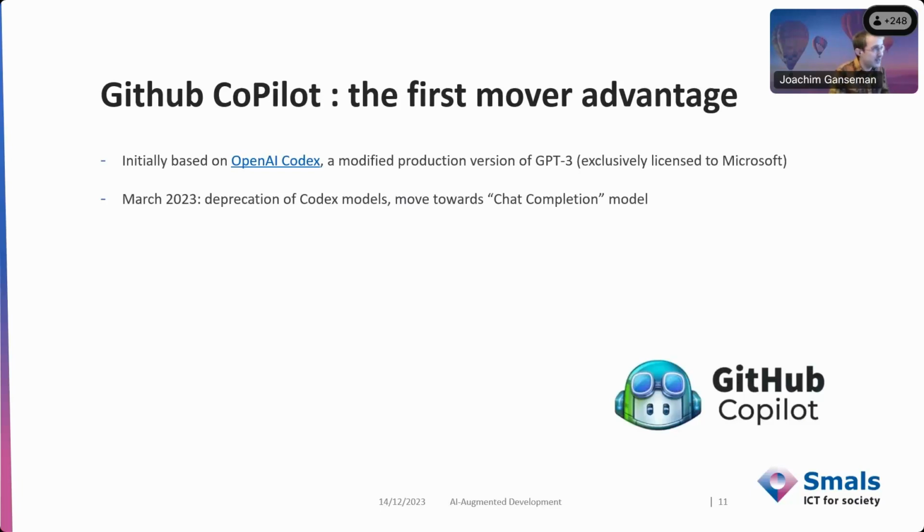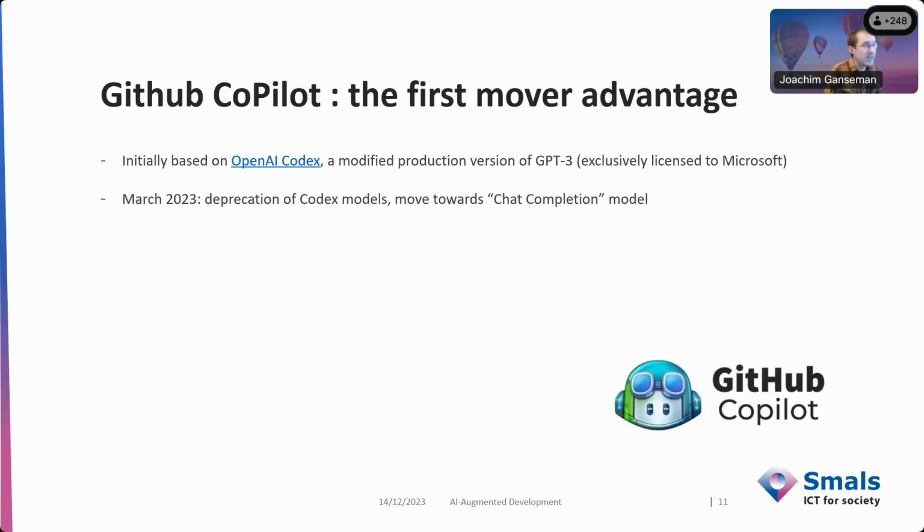So GitHub Copilot, I've talked a lot about it, they were the first to actually come up with a solution that was well integrated and quite performant. Initially, it was based on a separate model that they based off GPT-3 called OpenAI Codex, but since March this year, they've deprecated that model and now use a chat completion model, so a chat-based model instead.